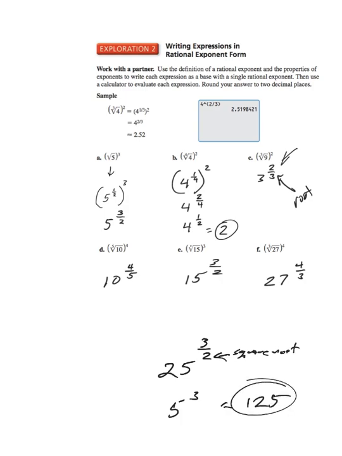Mr. Shutter, why is C 3 and not 9? Okay, keep the 9, right?